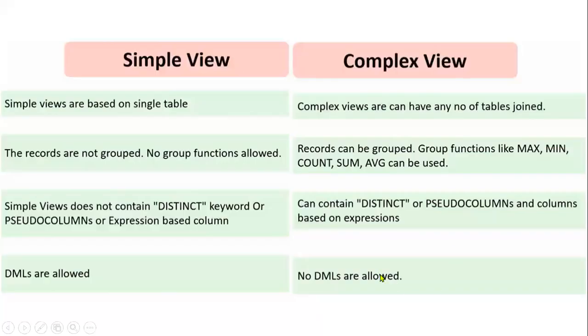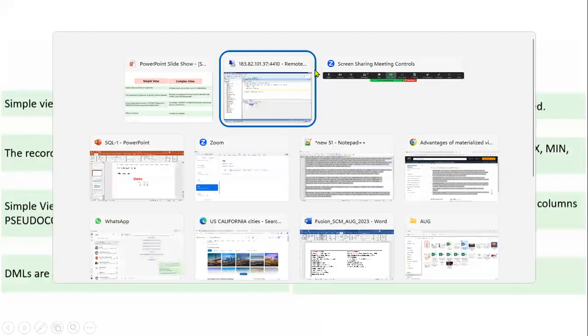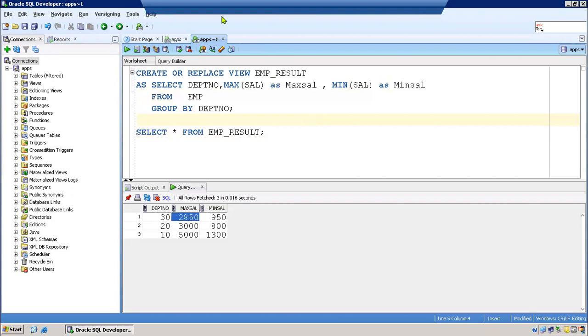DMLs are not allowed. Okay, let's go for another view which is having multiple tables. Let's say a client is asking, I just want department number, employee name. I need a department name, location, and employee name.